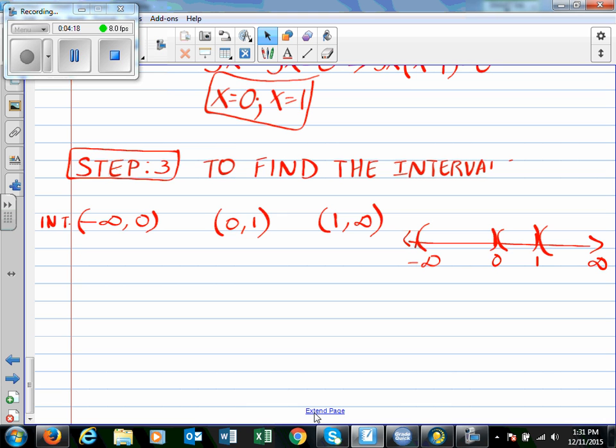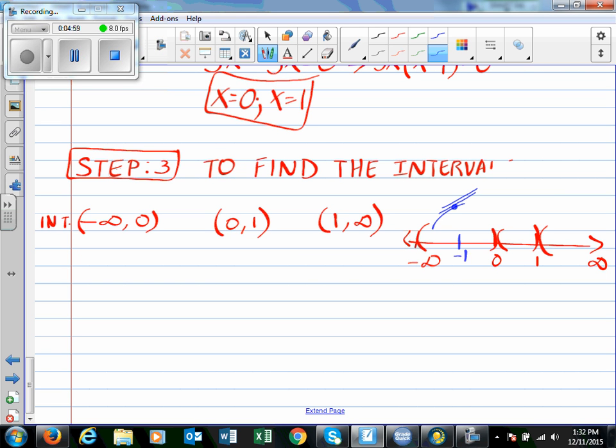Now, remember what did we say about increasing or decreasing? How do we know if a function is increasing? F prime is positive. So if I pick a point in this interval, and if I draw the tangent line, its slope is going to be positive, right? So we are going to pick a test value between negative infinity and 0.